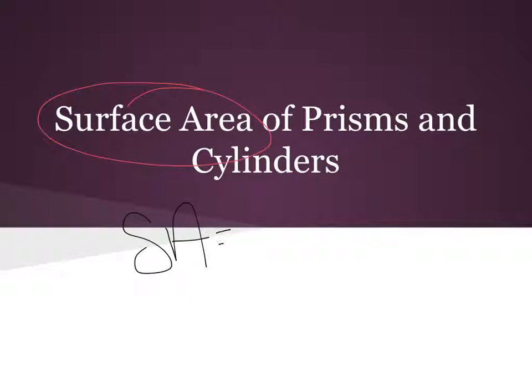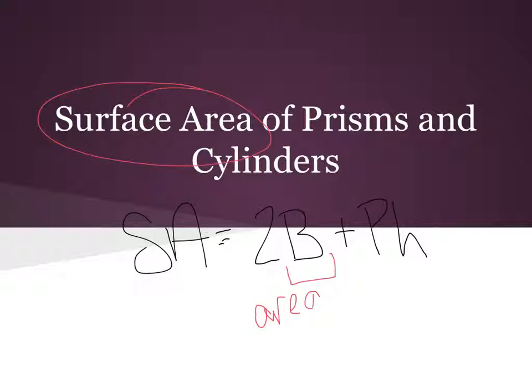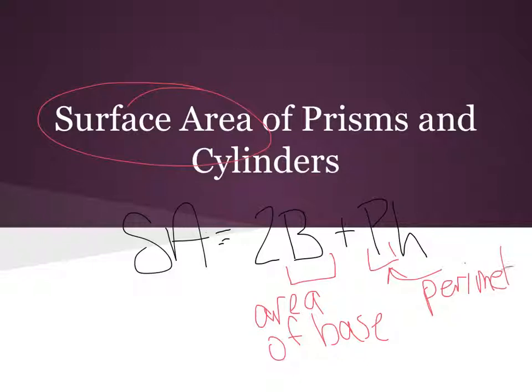Surface area is equal to 2 times the area of the base plus the perimeter times the height. The big B means area of the base, and the big P means the perimeter of the base. So this capital P is the perimeter of the base, and the capital B is the area of the base.